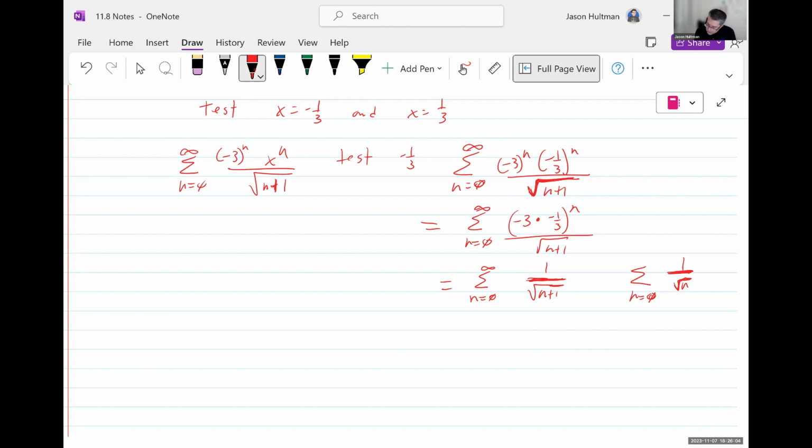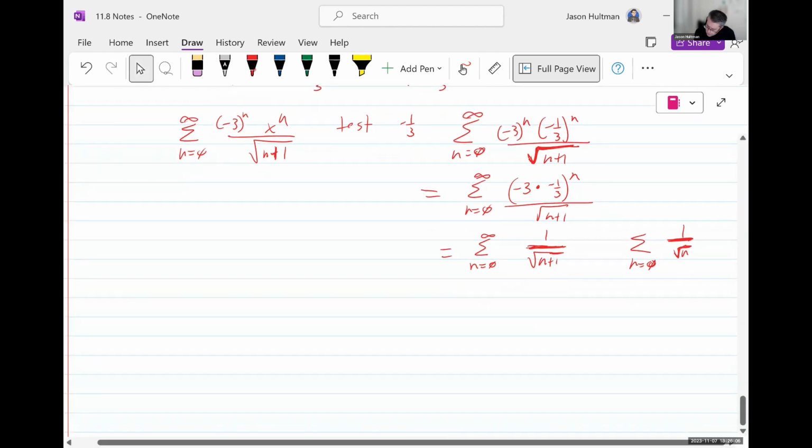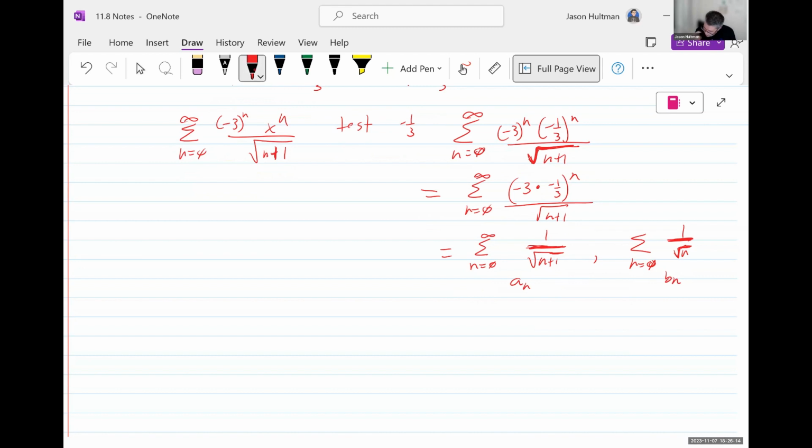I'll call this a sub n, I'll call this b sub n. That's the same as 1 over n to the 1/2 power. And what type of series is that? A p series?